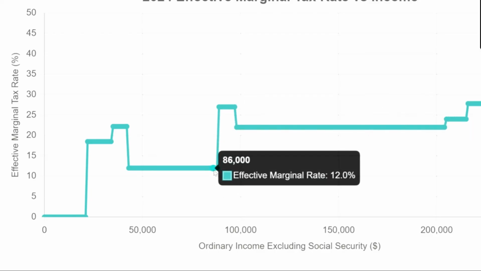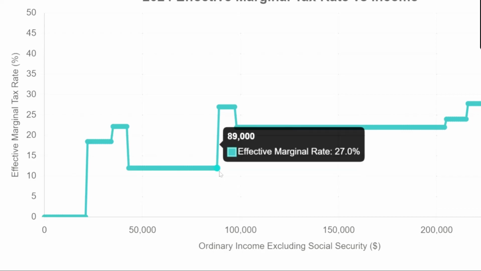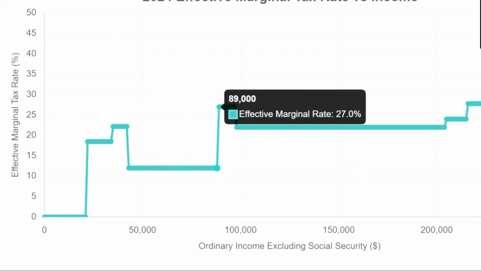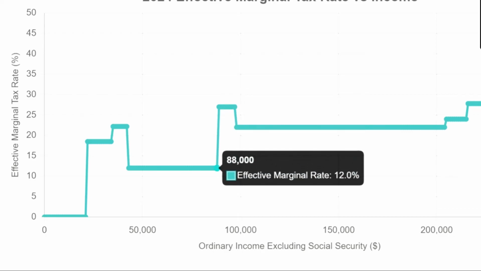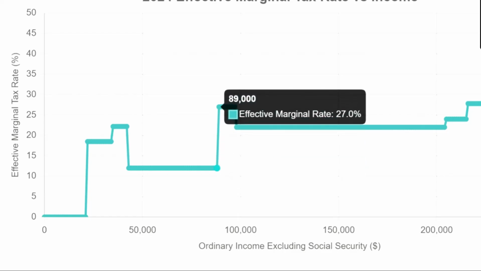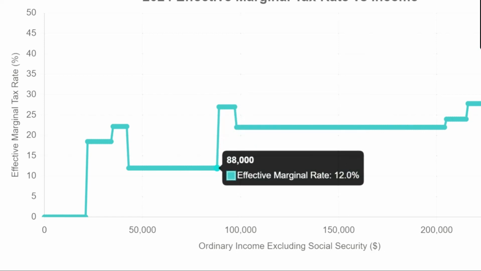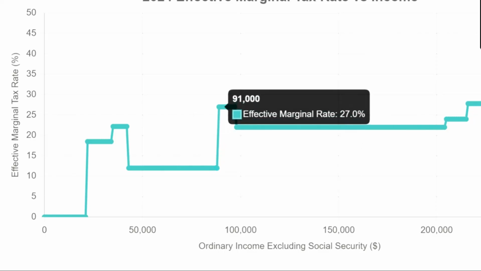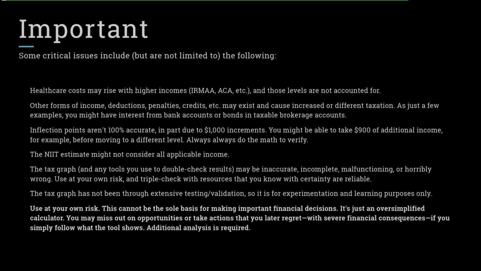So if we look here, we're looking at 87, 88, and then 89. It might not be the case that when you move exactly from 88 to 89, you're at 27%. These are $1,000 increments. So it could be the case that you can stay in the 12% for a while, and then you will eventually be more comfortably in that 27% for a while, especially when you're near one of those inflection points where the chart goes way up or way down.